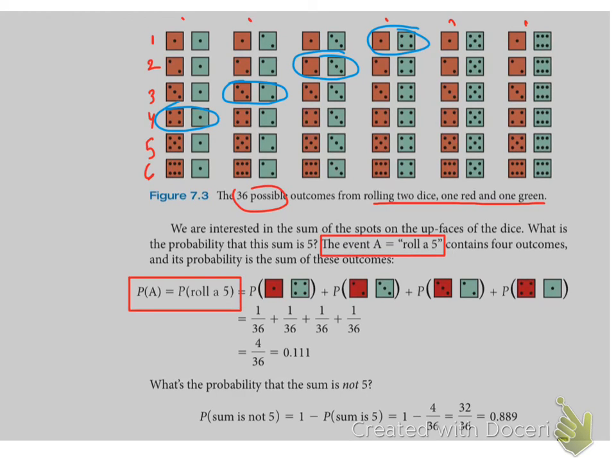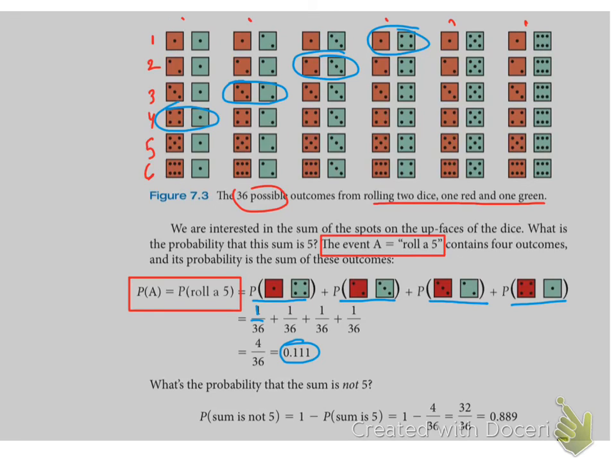So there are 4 different cases. What's the probability of each and every case? It's just 1 out of 36, they're occurring just once out of 36. So 1 out of 36 plus 1 out of 36 plus 1 out of 36 plus 1 out of 36, and when you solve you get 0.111.